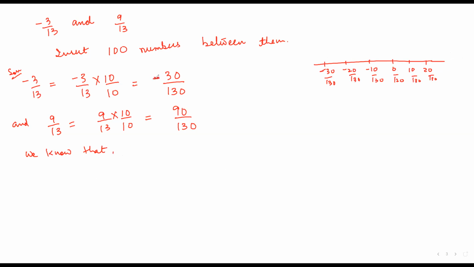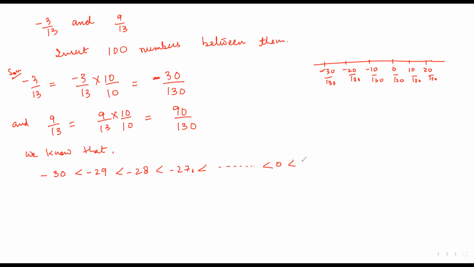So I'll start from here, like minus 30 is actually smaller than minus 29, right? It is smaller than minus 28, is smaller than minus 27, and it will keep on going. Then you don't have to write all the numbers. Ultimately, you will get a 0 here, right?